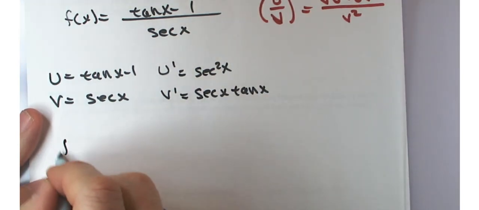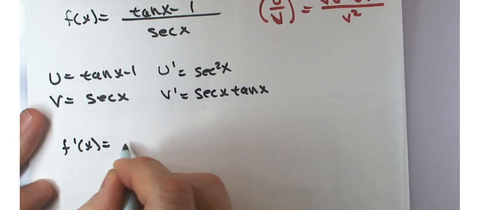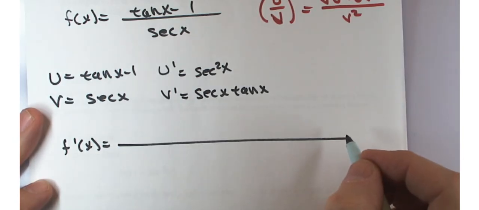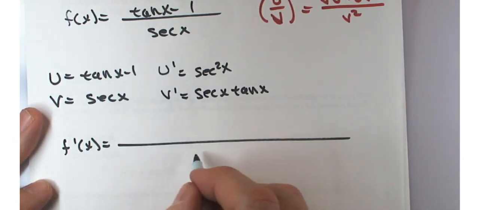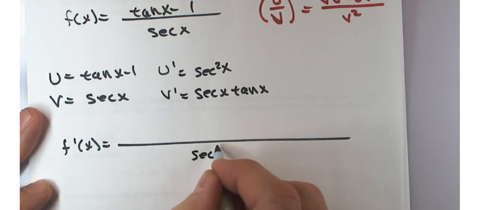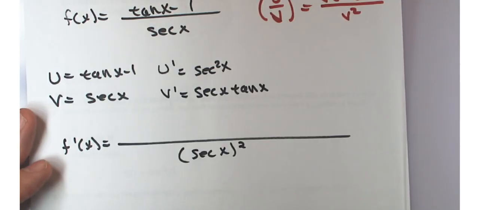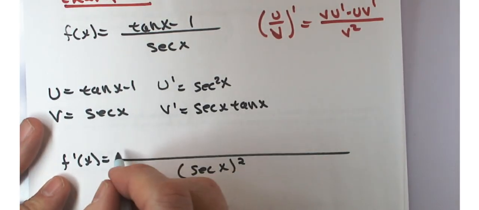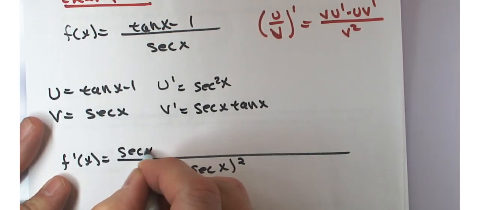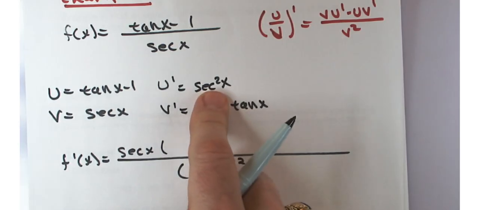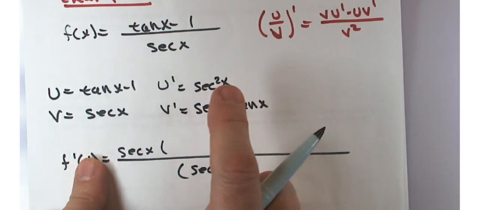Let me get back to this one here. F prime of x could be a big mess, isn't it? I'm going to have secant squared in the denominator. I'll just write it like this for the moment. And then secant of x times the derivative of the numerator.